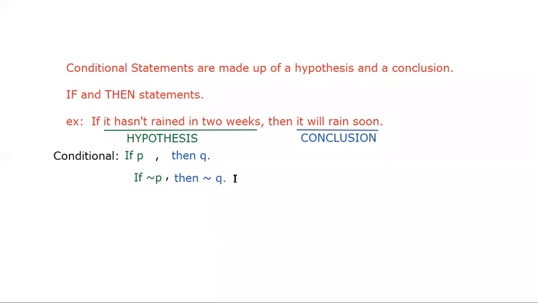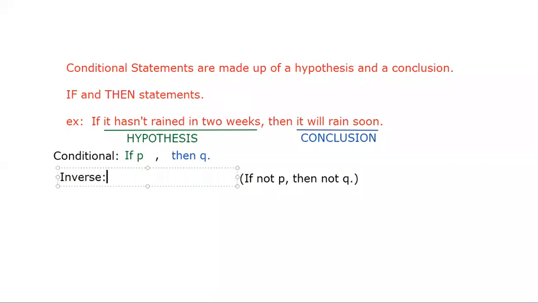So this statement right here means if not P, then not Q. To abbreviate, we use the swirly dash. This is called the inverse, or the opposite of the conditional. The inverse statement: if not P, then not Q is the inverse.